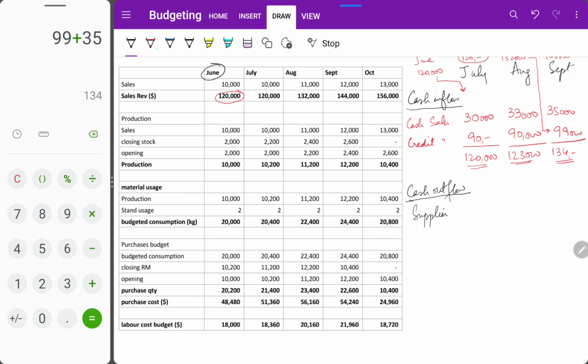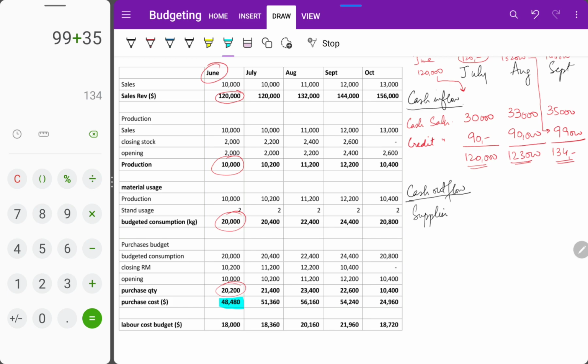So June material production, finished goods production is 10,000. It's not a cost figure. Consumption is 20,000. It's not a cost figure. Purchase quantity is 20,200. It's not a cost figure. 48,480 is something which we will pay, for which we have bought the material.